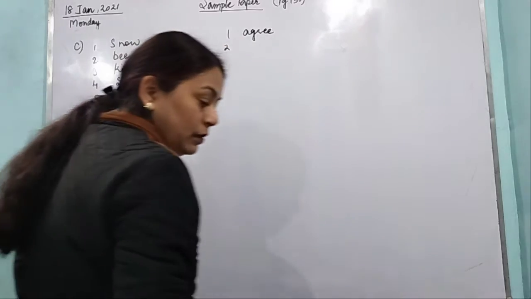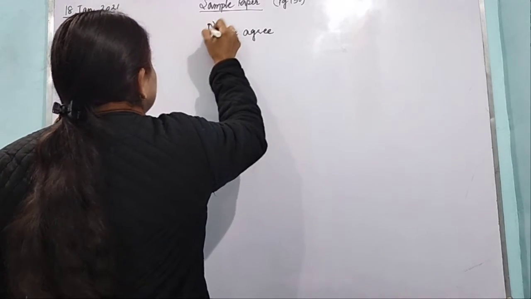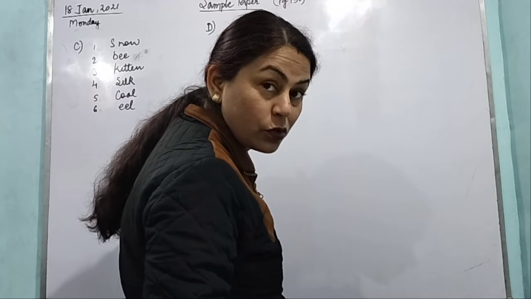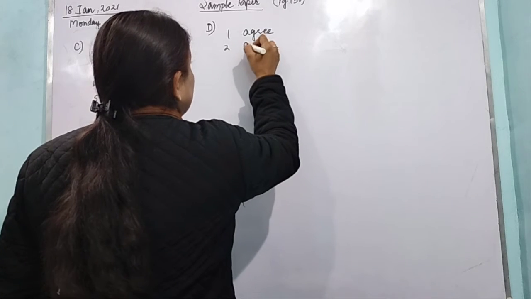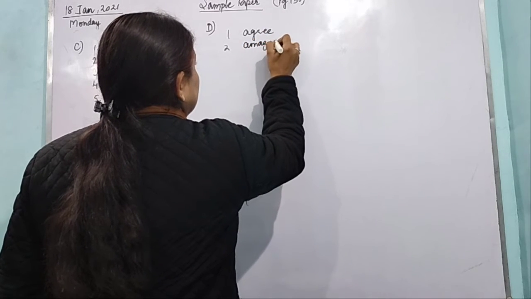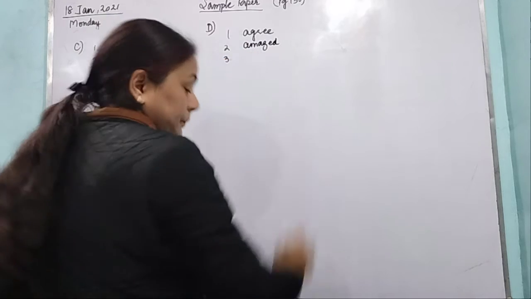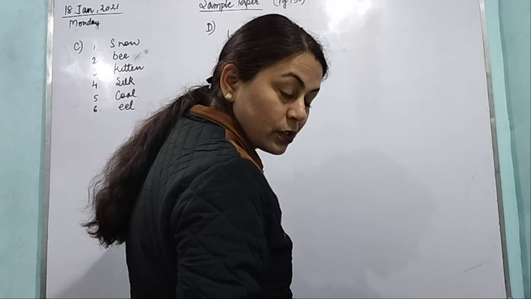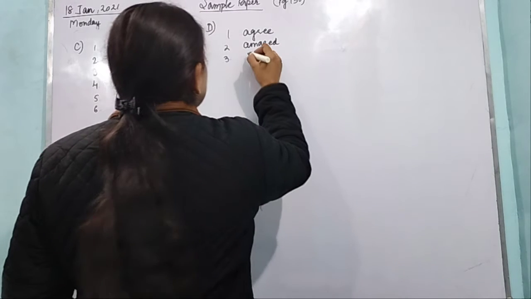Second, this is D part. He was dashed by the story. Amazement. So he was amazed. Third, the new boy, boastfulness. So it becomes boasted.